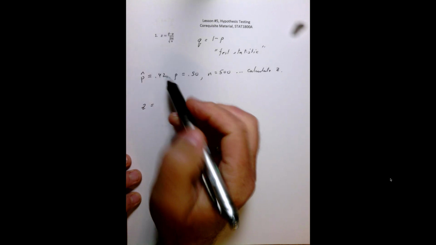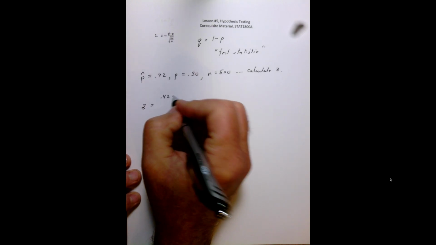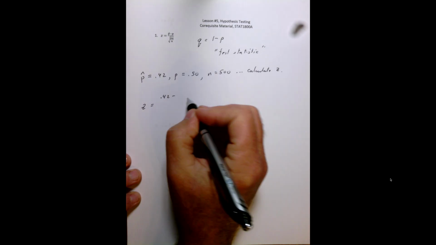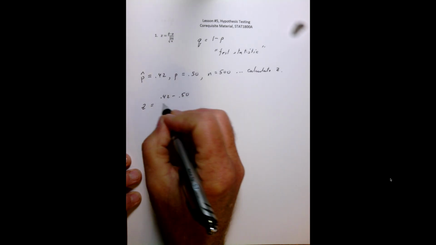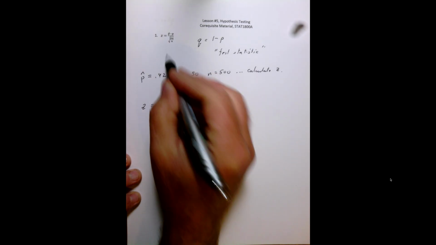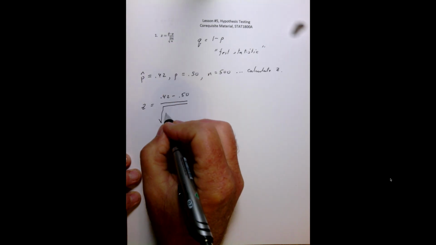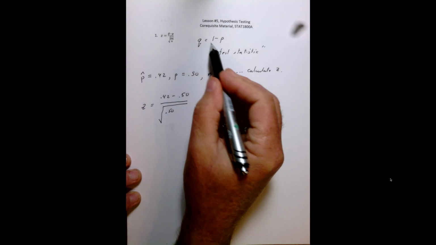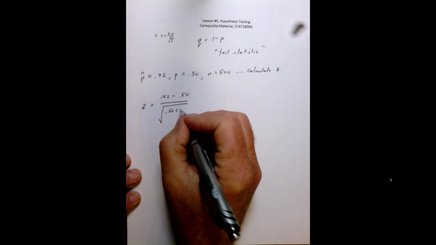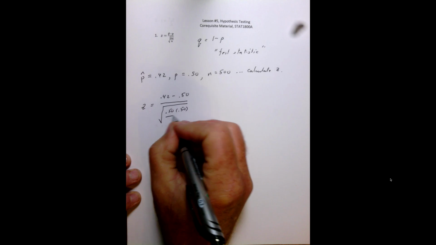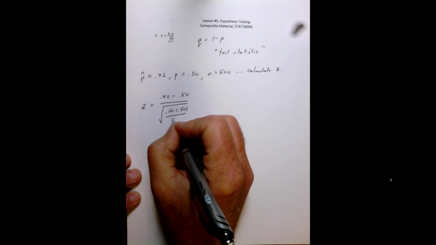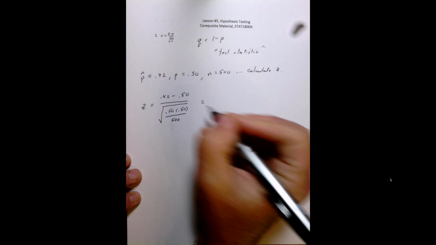The p hat is 0.42, so we put that where it belongs, minus the 0.50. Then we have that over the square root of p, which is 0.50, times 1 minus 0.50, which is 0.50. A lot of 5s here.